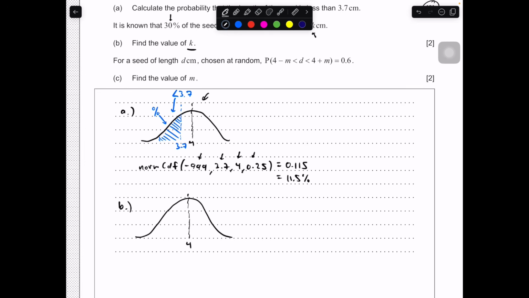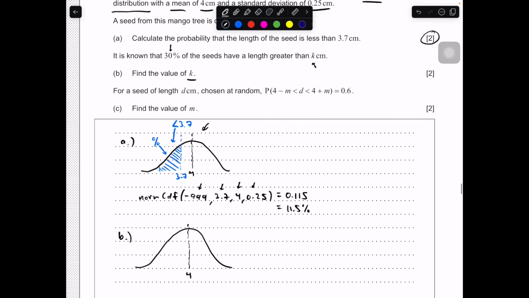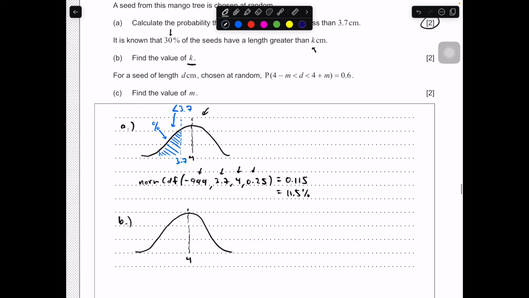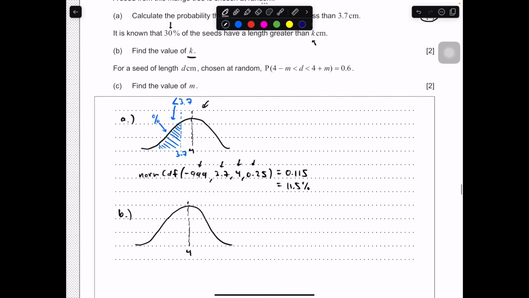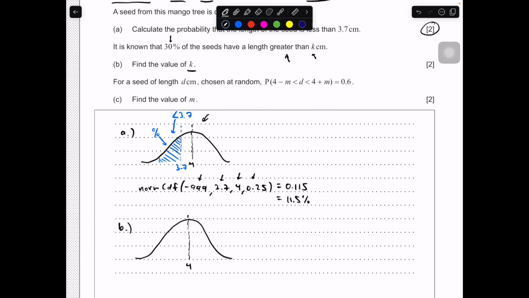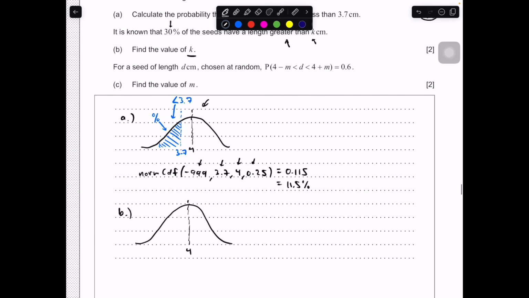We only want an area of 30%, greater than some cutoff point. Using red, we have some cutoff point k, and we want only 30% of the seeds to be greater than this value of k.